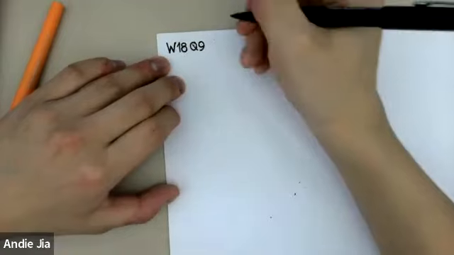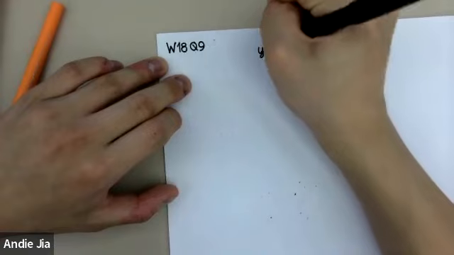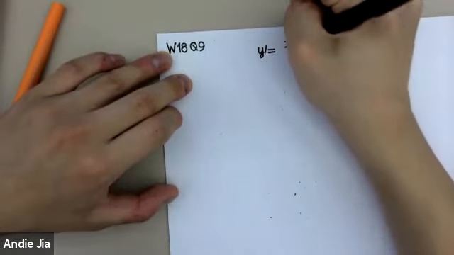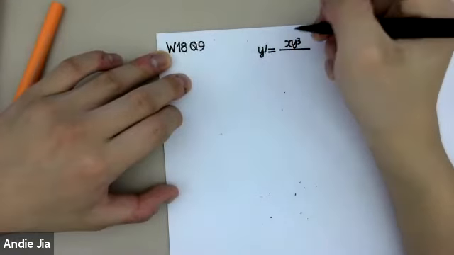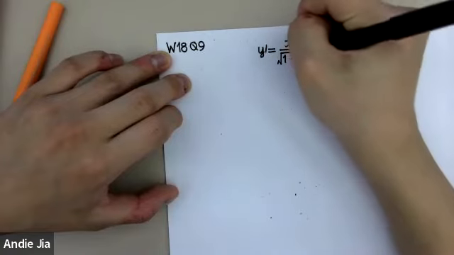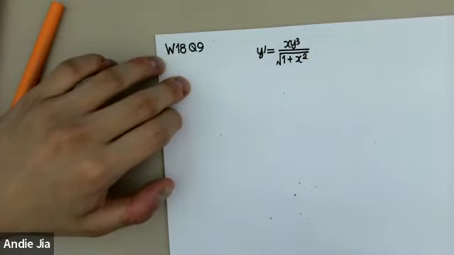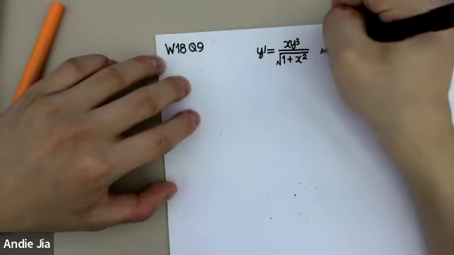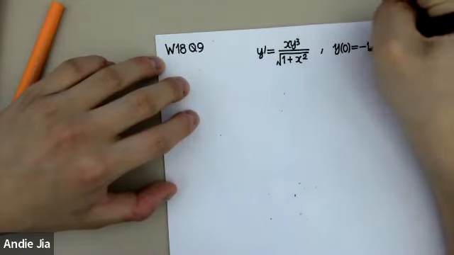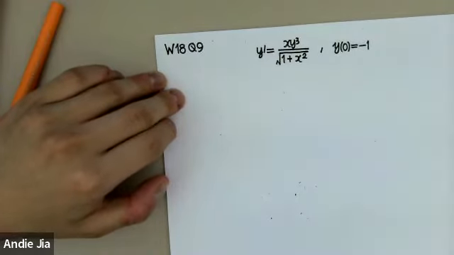We have y prime equals x y cubed over 1 plus x squared, and the initial condition is y(0) equals negative 1. Find y.